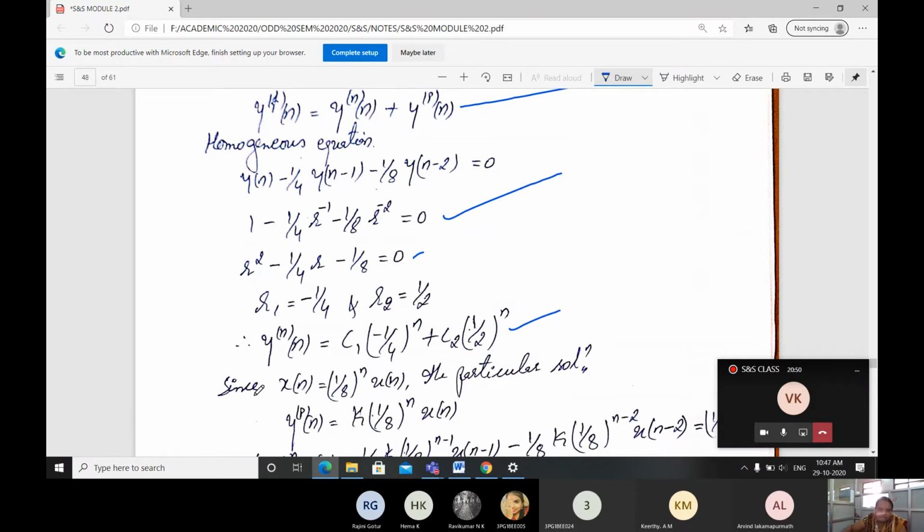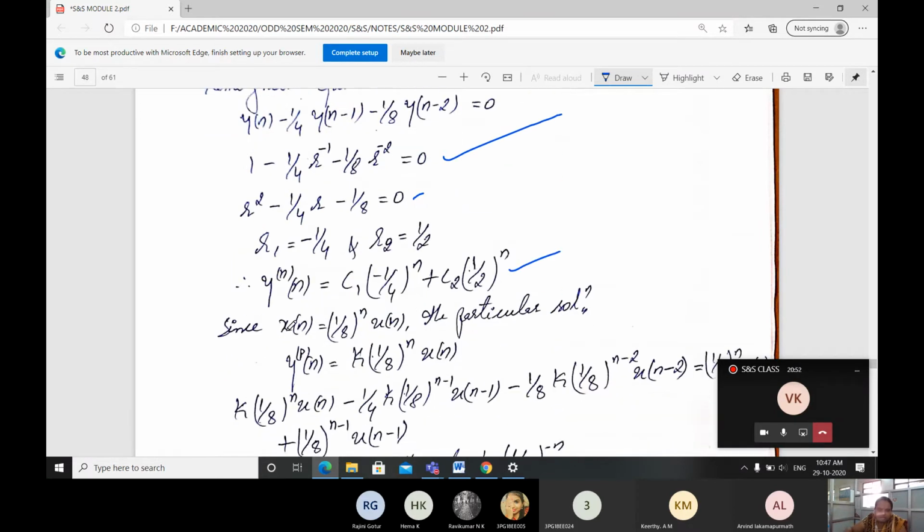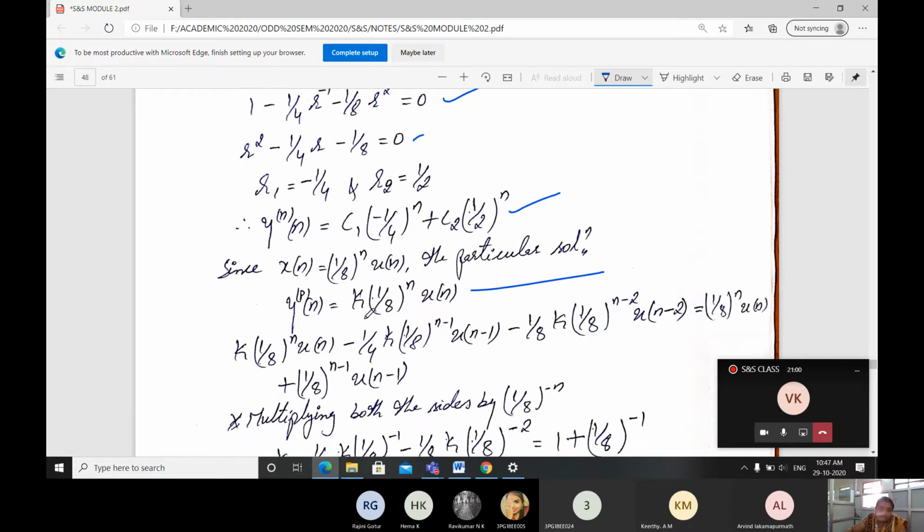Then the x of n input is given as x of n is equal to (1 by 8) power n u of n. Therefore what is the particular solution going to be? Already we have come across how we have to take it, right? y p of n is equal to k into x of n. x of n is (1 by 8) power n u of n.